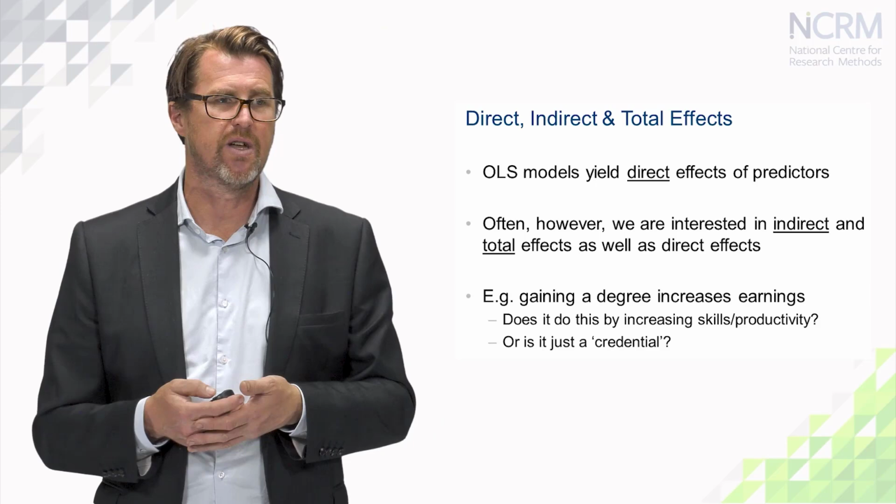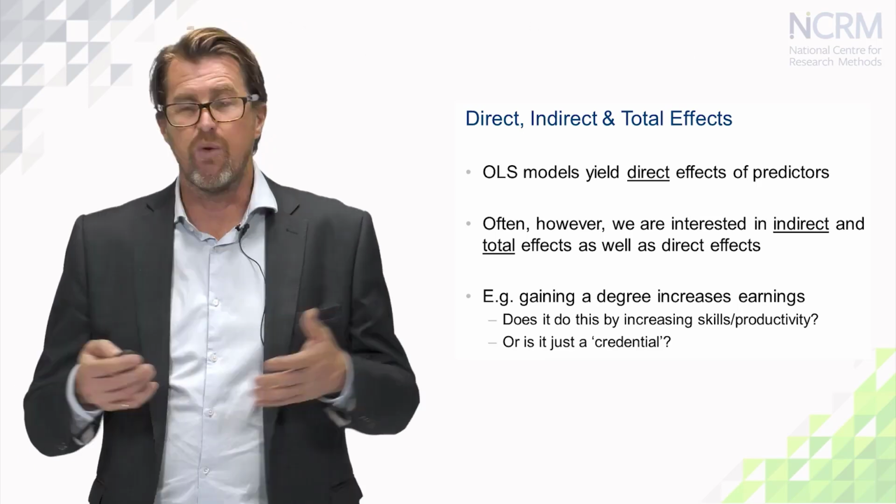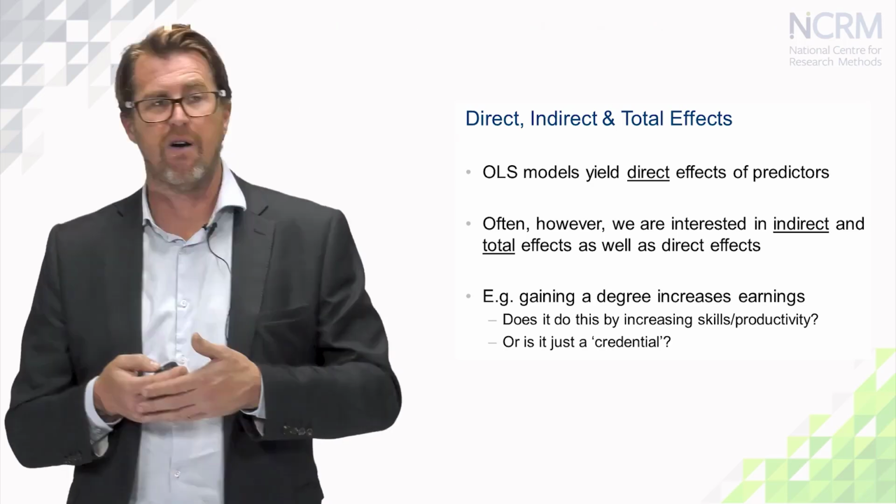What is the mechanism that underlies the earnings return to gaining a degree? From a human capital perspective, we might expect this to be through increasing the individual's skill level or their productivity, which would then, from economic theory, lead us to expect them to have higher earnings.